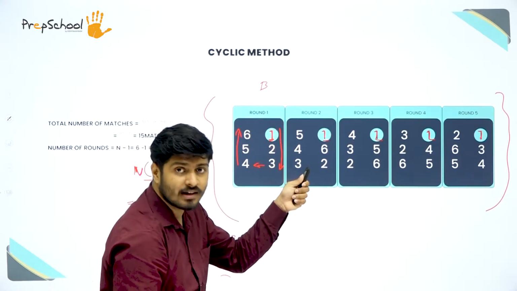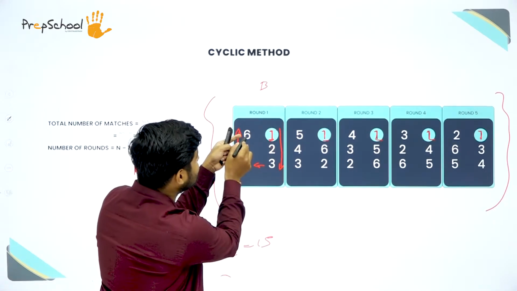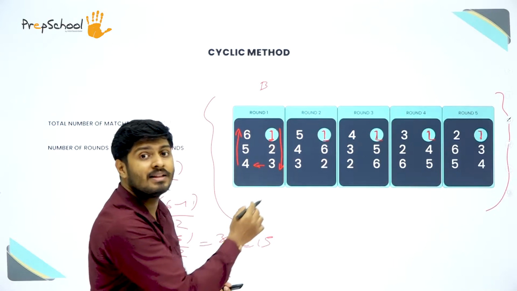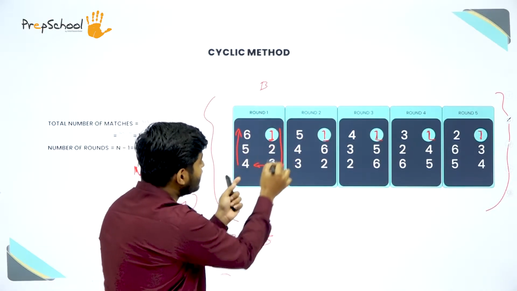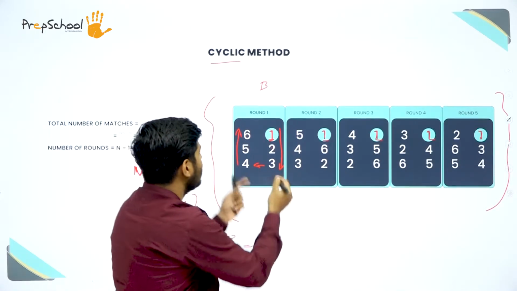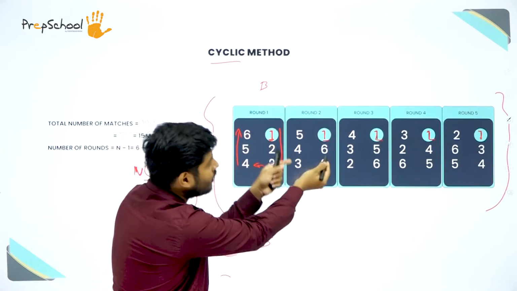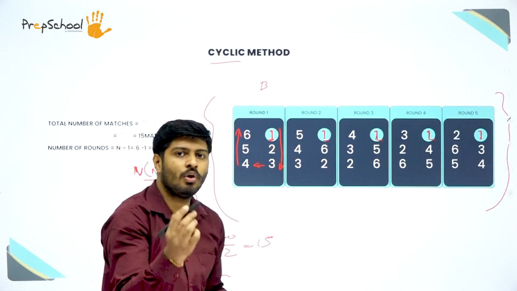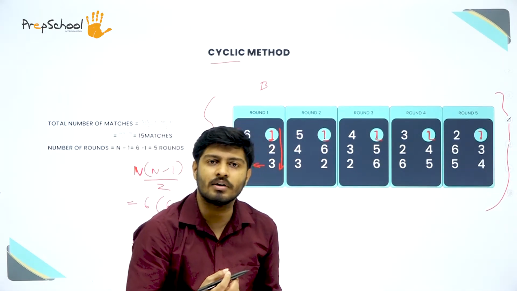Now in the next round, this rotation is happening. That's why it is called cyclic. Cyclic means it rotates, right? So this 6 will go to the place of 2, and 2 will come down, and it will rotate. You know how a chain in a cycle works?